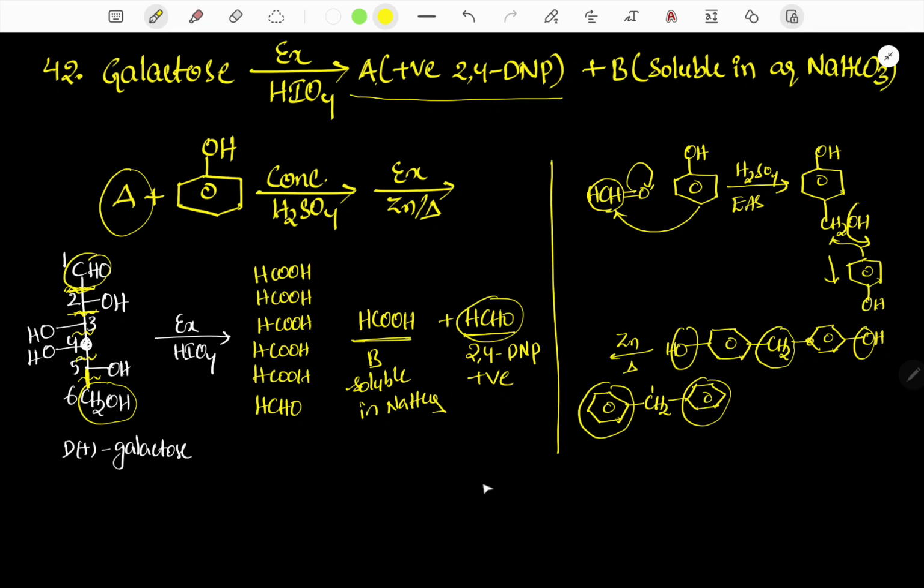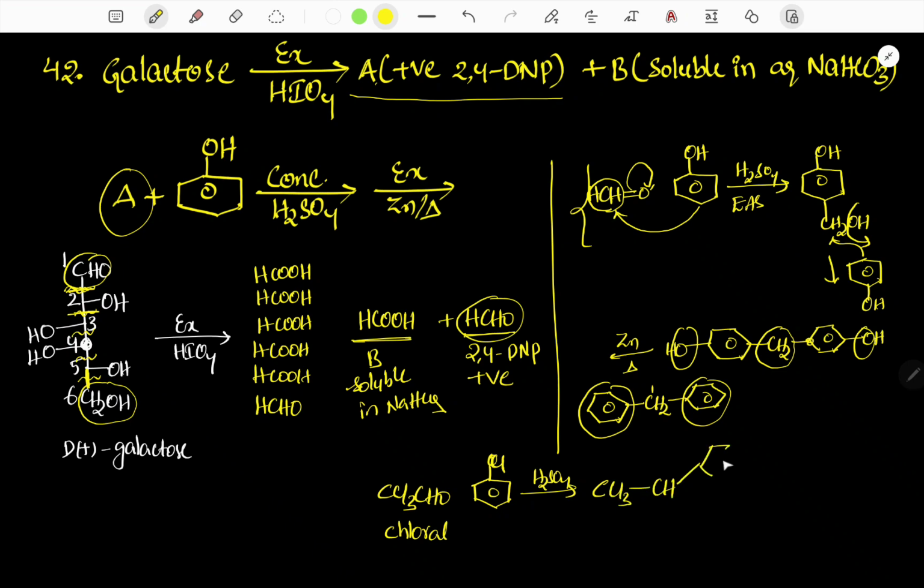Here I recall one reaction similar to this aldehyde type reaction. CCl3CHO. This compound is known as chloral. When this chloral is treated with chlorobenzene in the presence of H2SO4, it also undergoes EAS 2 times.